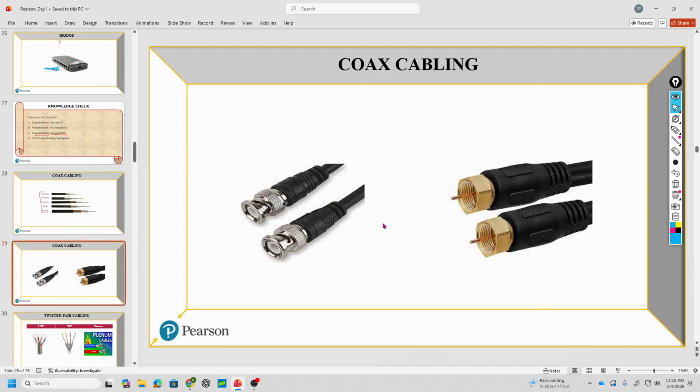These are your connectors. So the one on the right, this is called an F-type. Everyone should be familiar with that if you had a VCR back in the day. They had threads and screwed on. And it was really important. You notice how the cable sticks out the end.